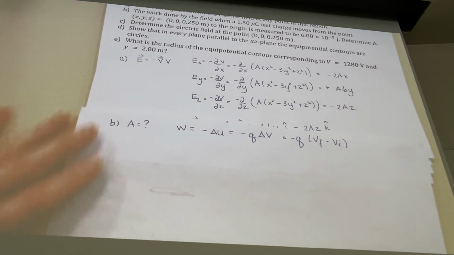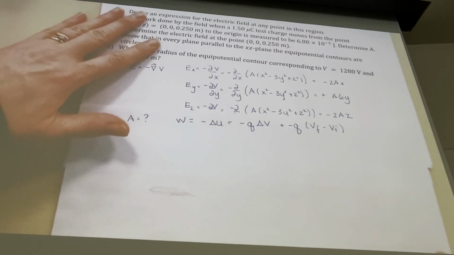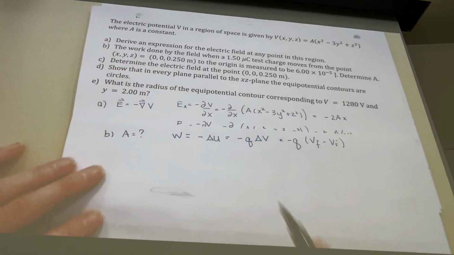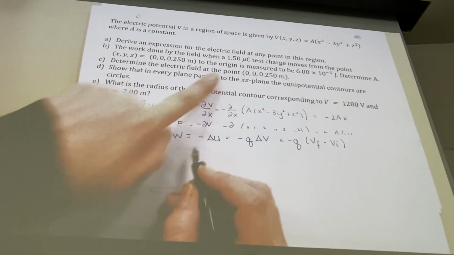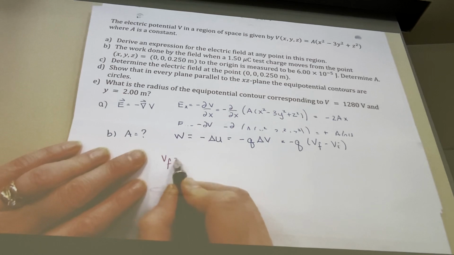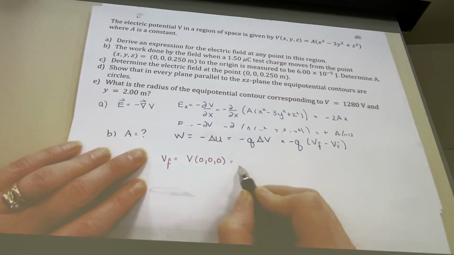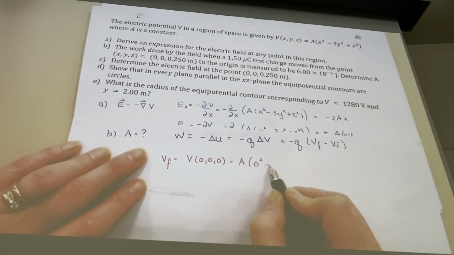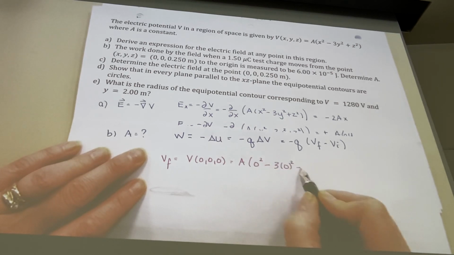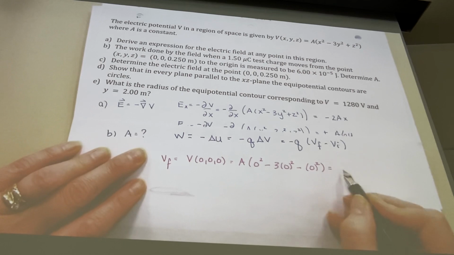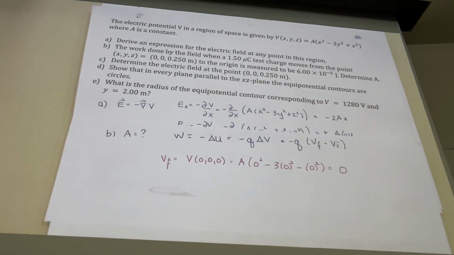Let's get our two potentials, then we can put our numbers in and solve the problem. So my V final is when I'm at the origin. So V final is V at x, y, and z all equals 0. Equals 0. Okay, so my final potential is not very interesting, it's just 0.